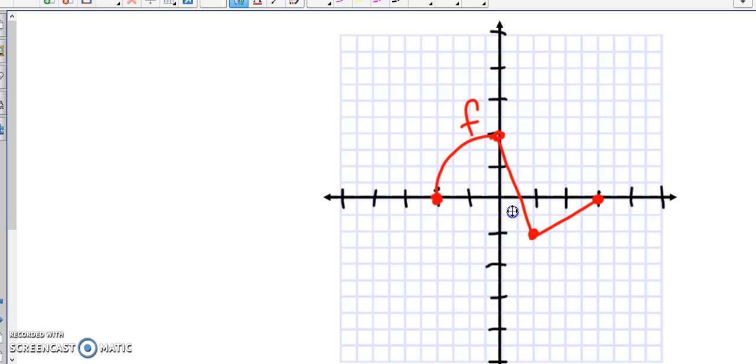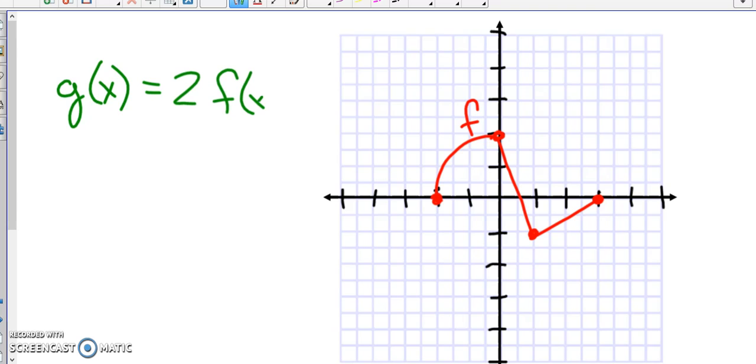We're going to call it F. All right. Now, let's say that I want to make some g of x. This g of x is going to be 2 times f of x.